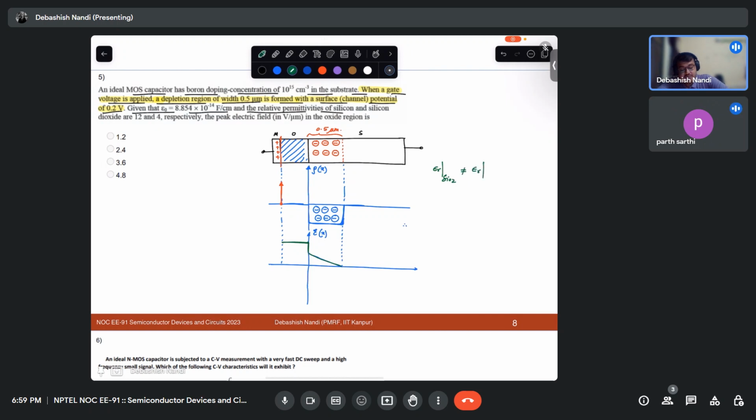Because these are two different materials, right? The epsilons are not the same. So my D's are the same, but epsilons are not the same. That leads to my E's not being the same. Remember this point. This is the most important thing, or the only thing. If you want to remember only one thing from this session, remember this.